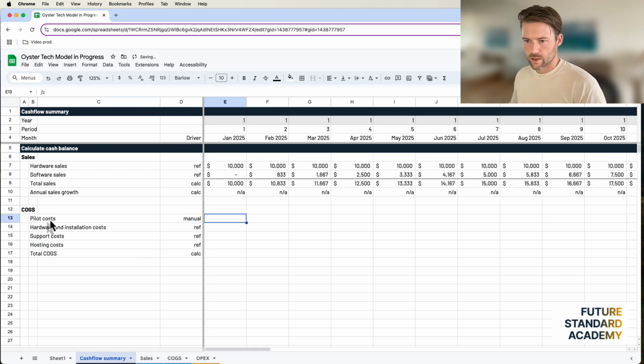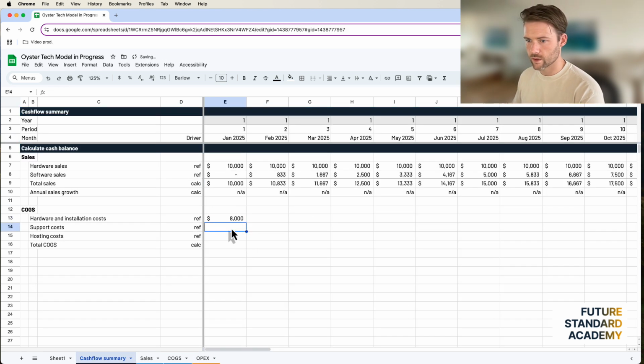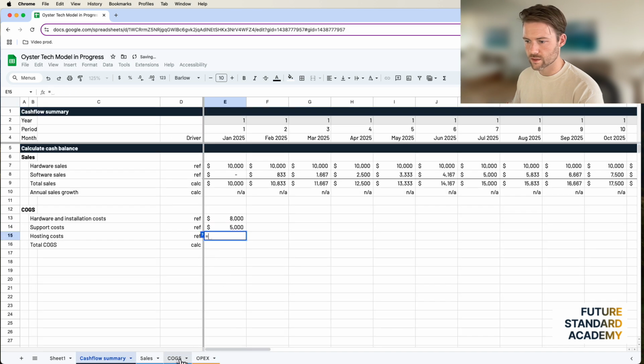Cost of goods sold, we're going to get rid of pilot costs again. We're going to bring in the hardware and installation costs. Okay, we're going to bring in the support costs. Hosting costs. Then we're going to sum all that up.